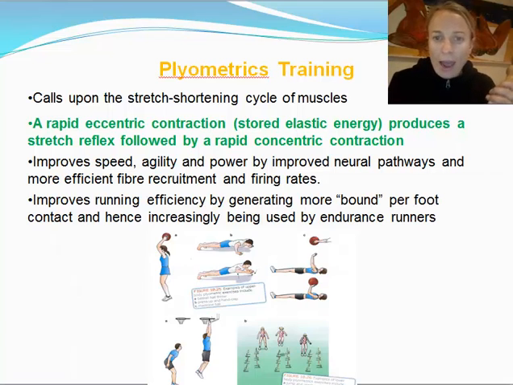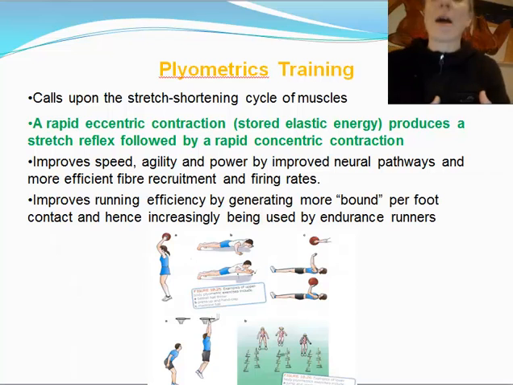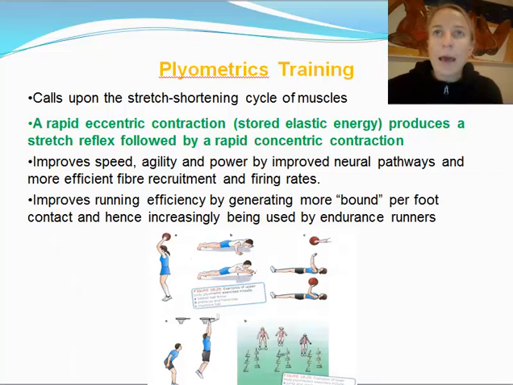On this slide, there's a couple of examples of how to do that. So it's combining lengthening under load followed by a rapid shortening. As you can see, doing a jump squat, eccentric, increasing the length of the muscle under load, and then jumping powerfully by using the stretch reflex helps to develop the muscle's ability to recruit more muscle fibers and produce a more powerful force.